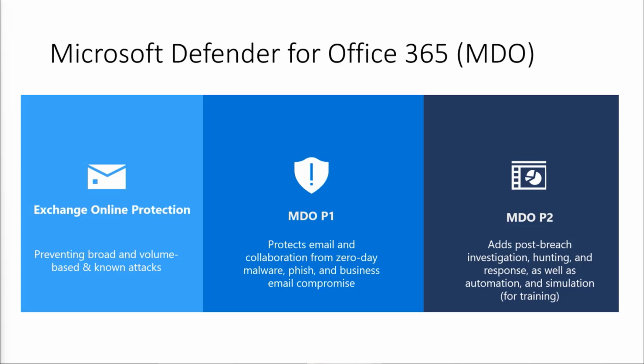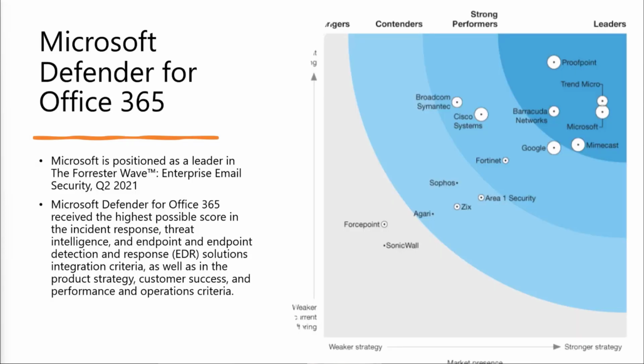So where are we in terms of Microsoft Defender for Office, in terms of how good is this product? Well, some of the latest stats and reporting I saw, which I put into the slide deck, is from Q2 last year, and it seems like Forrester put Microsoft Defender for Office into their quadrant, and Microsoft is definitely up there as one of the leaders in terms of products that protect our email gateways.